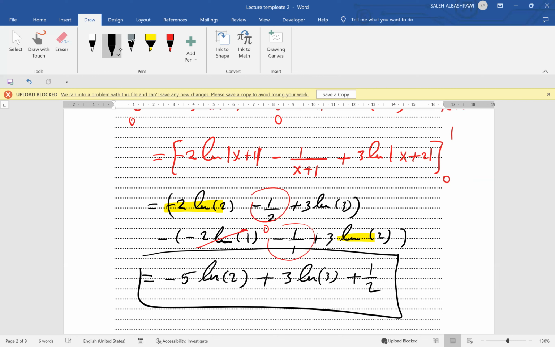So this is the value of the given integral. The idea is just to write it as partial fractions, then we find the integration for each part.